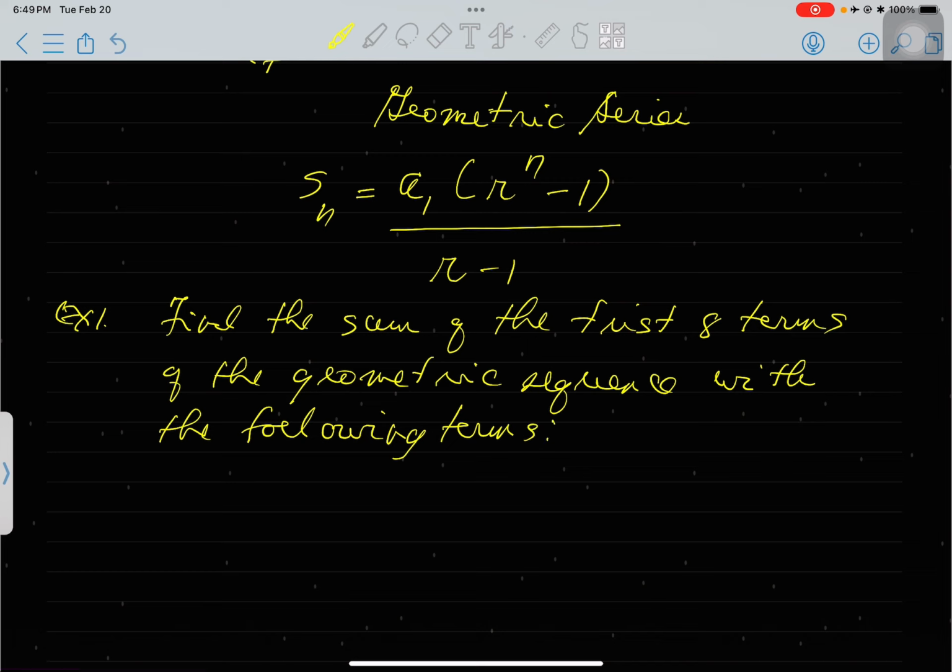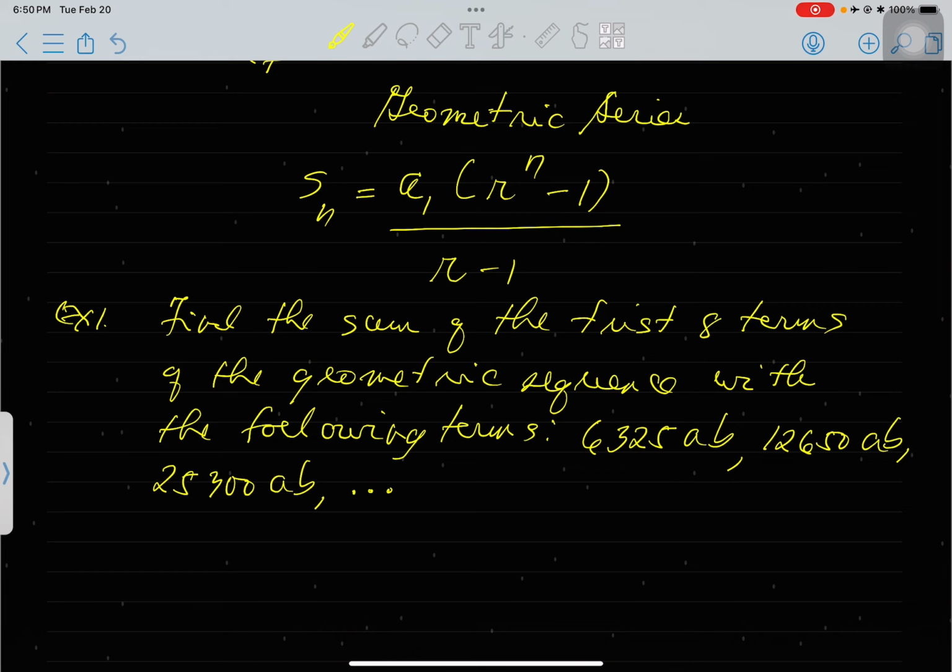Let's say we have 6,325 AB, and followed by 12,650 AB, and we have 25,300 AB, and so on and so forth.